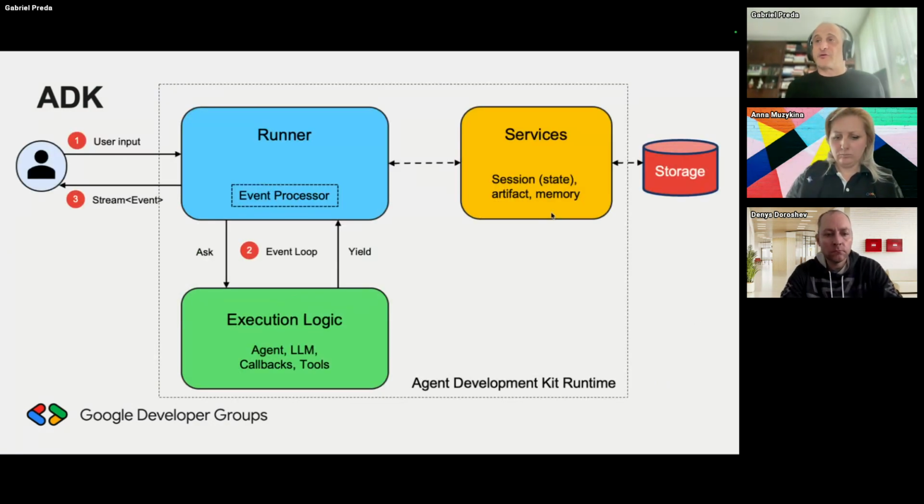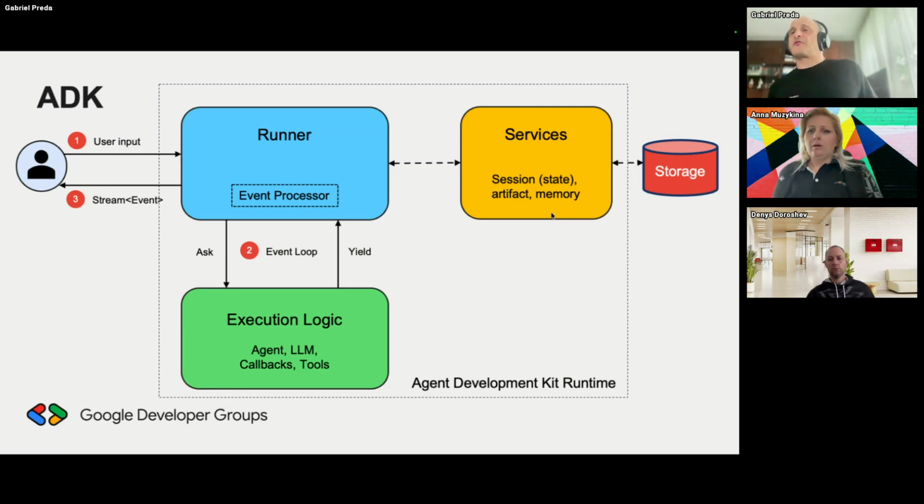In terms of actually running the code that is implemented using ADK, there are a few key elements. The most important is the runner, which is the main event processor for ADK. So here you have the event loop.